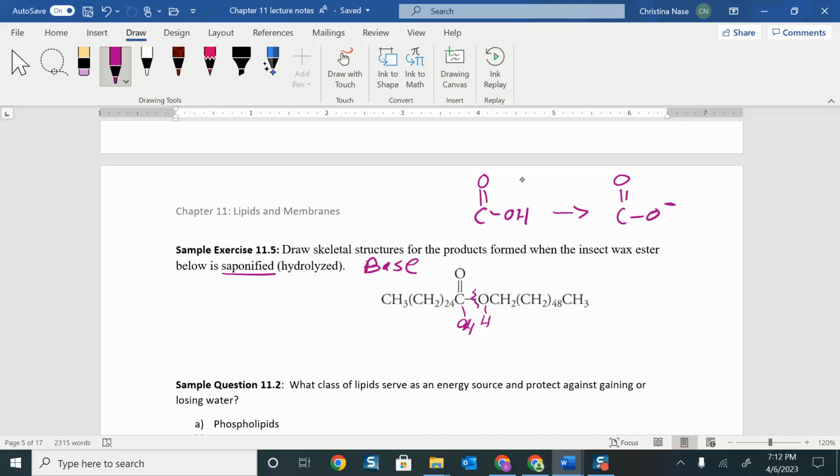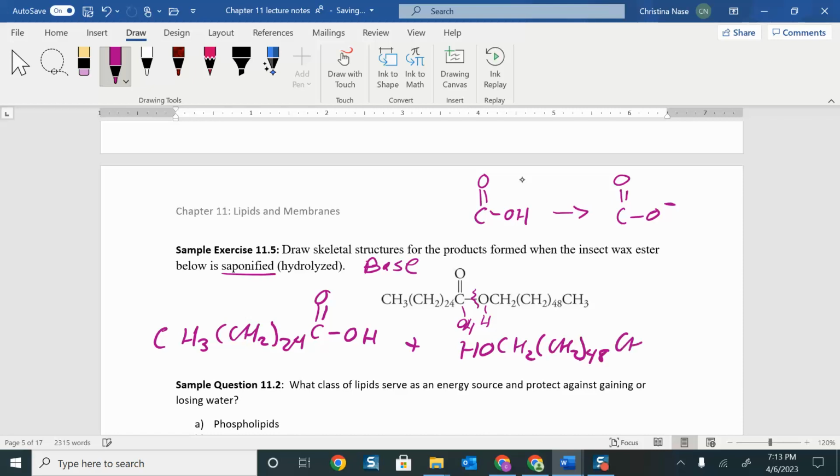So the first thing I'm going to do is break that apart, find that ester bond, break it in half. I've got my CH3, CH2 with the 24, C double bond O, OH, and then on the other side I have my alcohol, CH2, CH2 with 48, and a CH3.